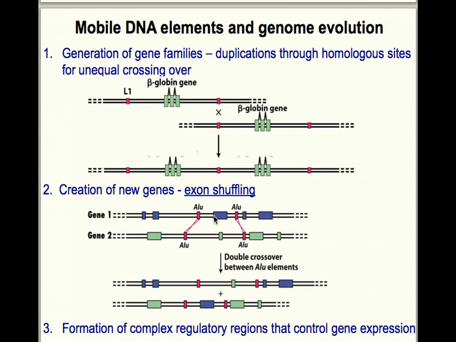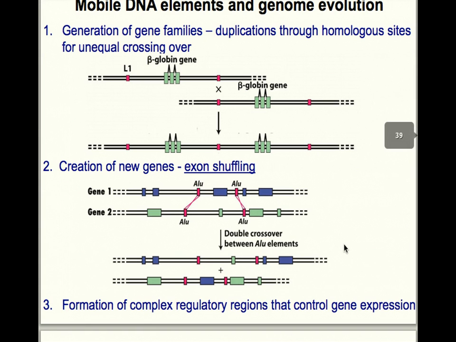Exon shuffling is another example. So it's maybe more for a structural biochemistry class, but you can have modules of protein that get moved around based upon how exons are cut and pasted to each other.